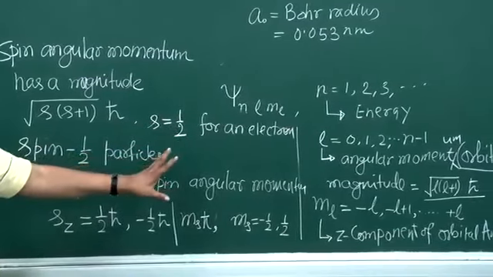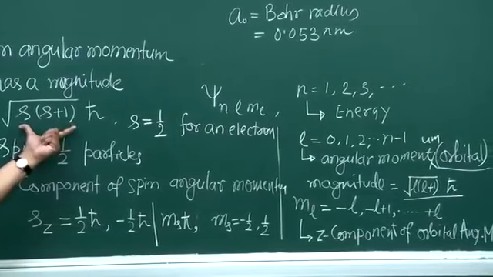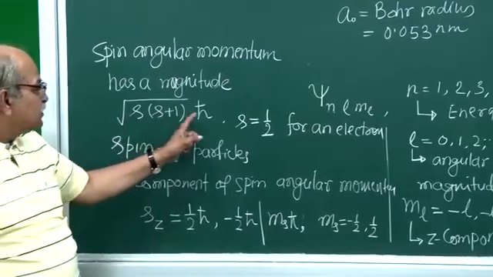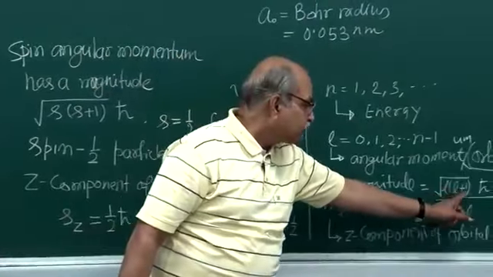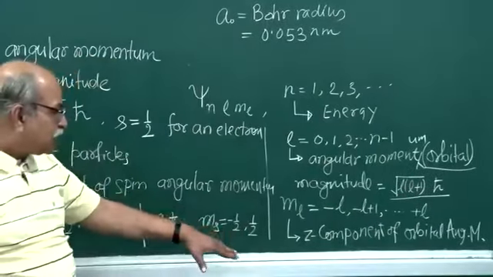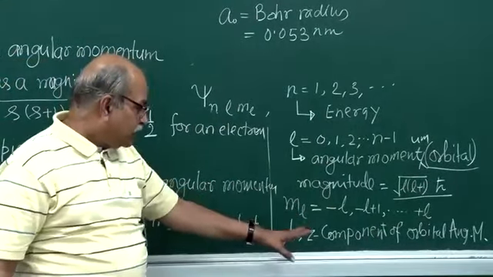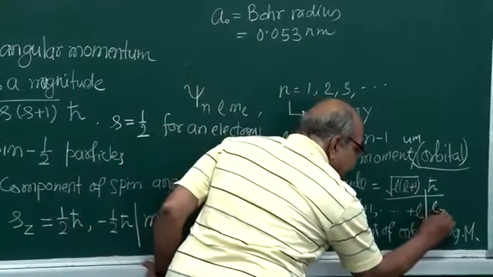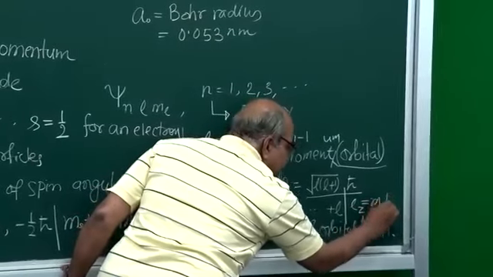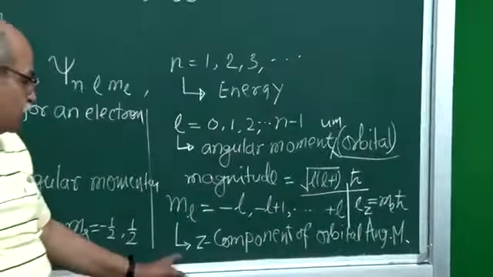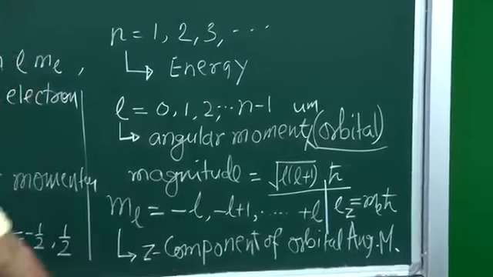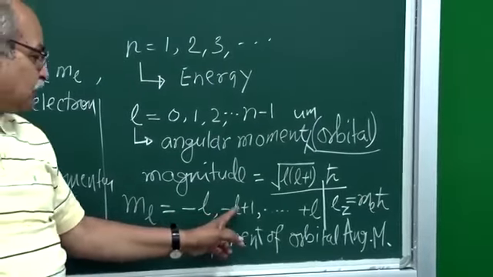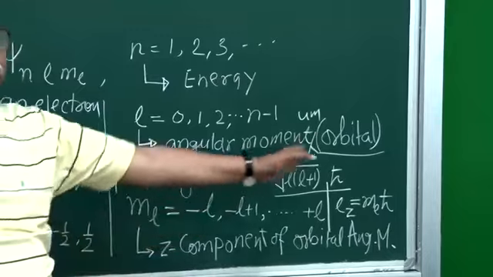And then the magnitude has the same mathematical formulation, square root of S into S plus 1 times h cross, here square root of L into L plus 1 times h cross. The z component of orbital angular momentum, Lz, is equal to ml times h cross, and that ml can take values from minus L to plus L in steps of 1.